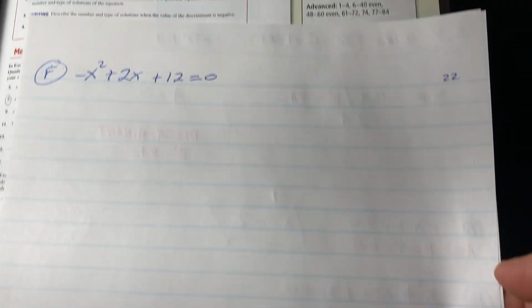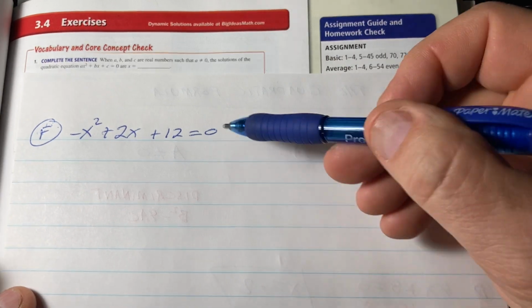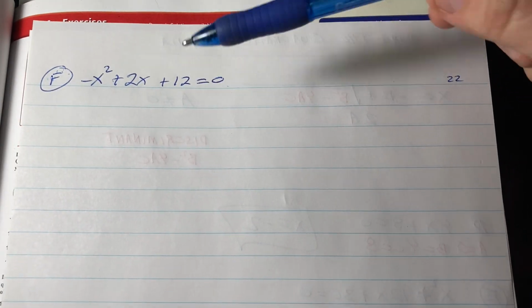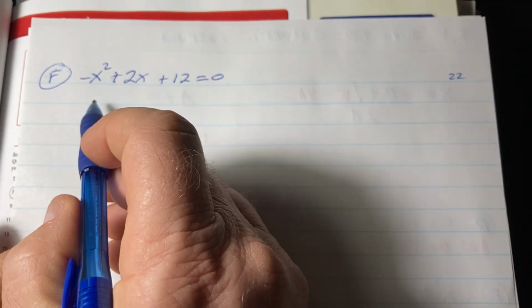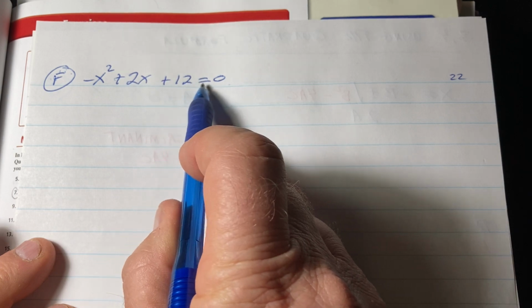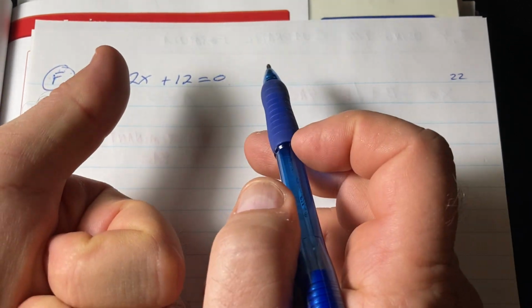This next one here, equation F. Is that in standard form? Largest exponent down to the smallest exponent, and then it equals 0. Nice, it's in standard form.